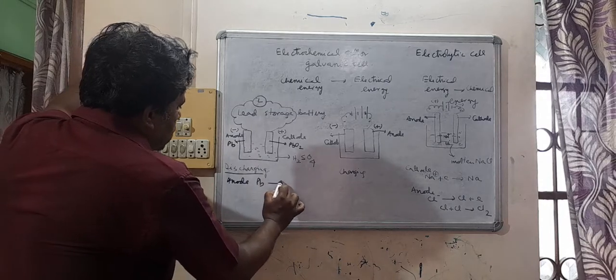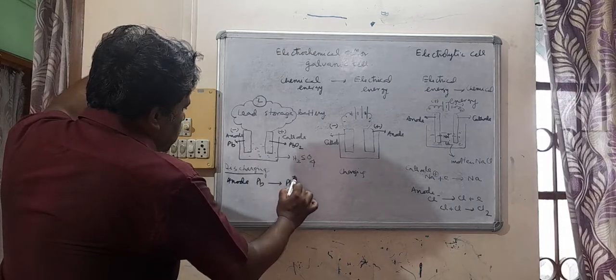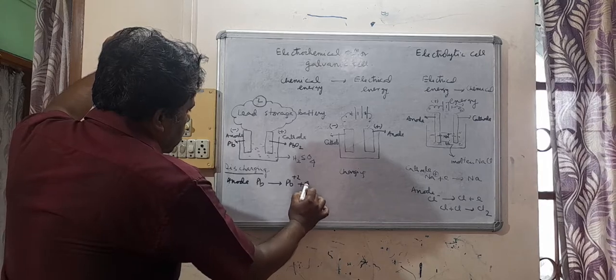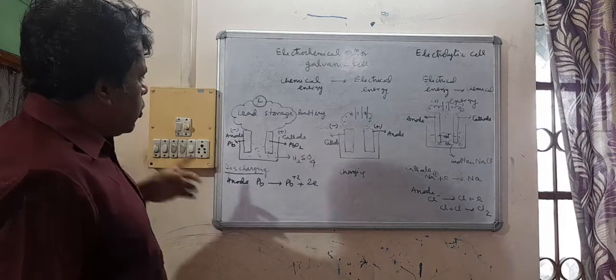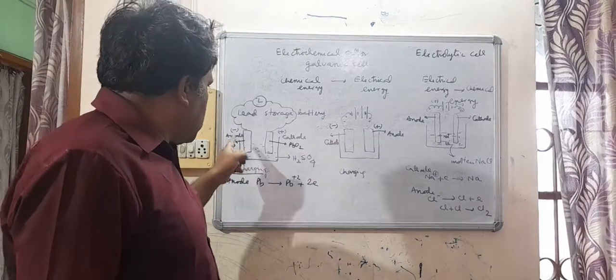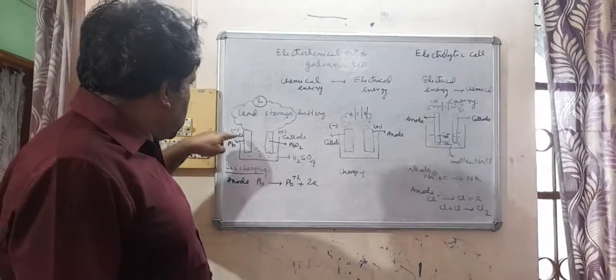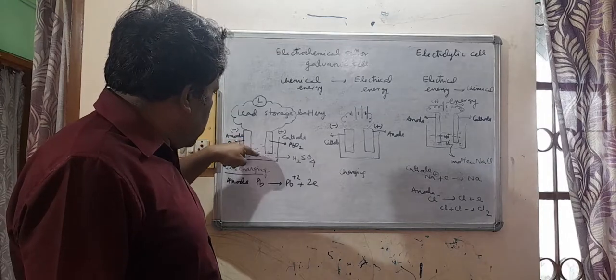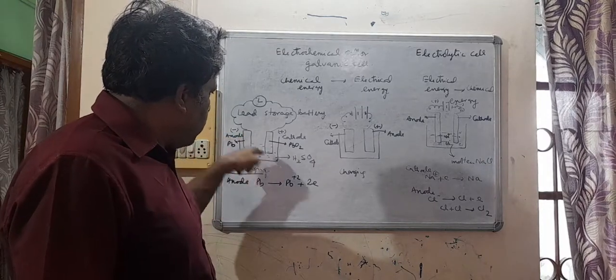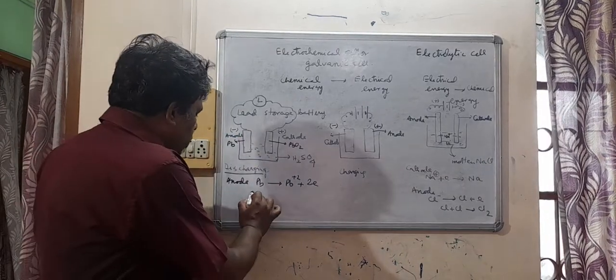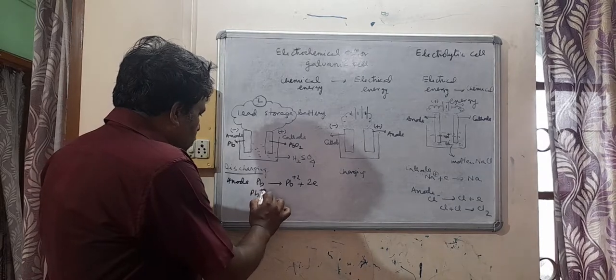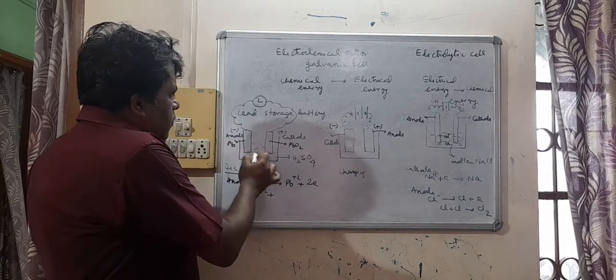Pb changes to Pb2+ plus 2 electrons. We know at anode there occurs oxidation. So lead will change into lead ion. This lead will dissolve and the lead ion will go into the solution. And this lead ion, what will it do? There are a lot of sulfate ions here.